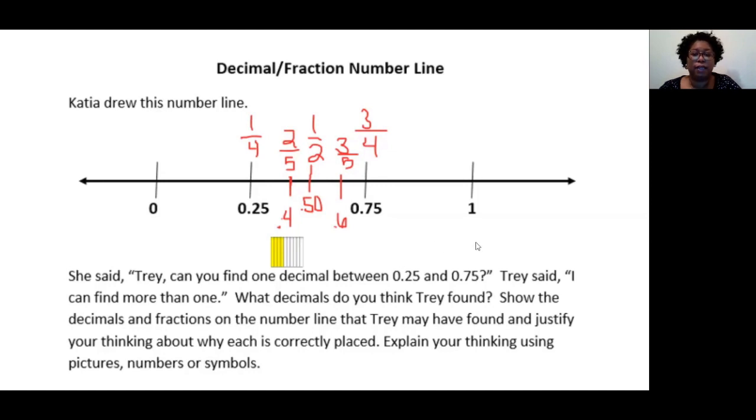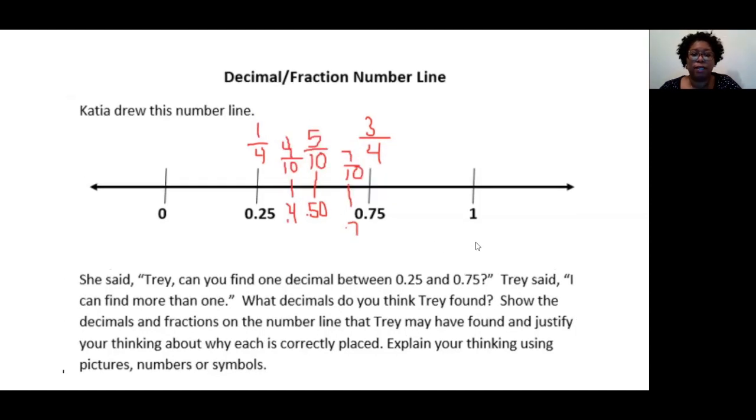Let's take a look at another example. Here's an example using tenths. Once again, 1/4 is equal to 25 hundredths. 3/4 is equal to 75 hundredths. Well, if I do 4/10, I know that has to come before. It's less than 1/2 or 5/10, but it's greater than 25 hundredths.